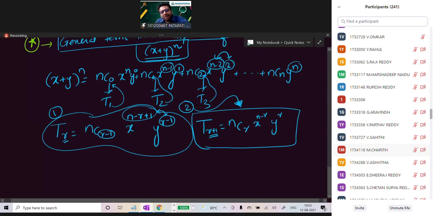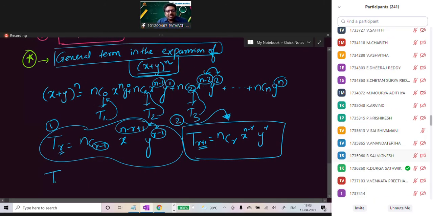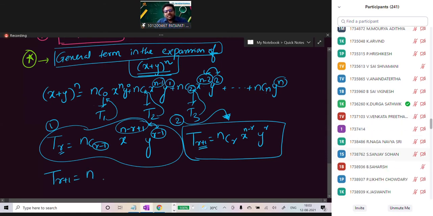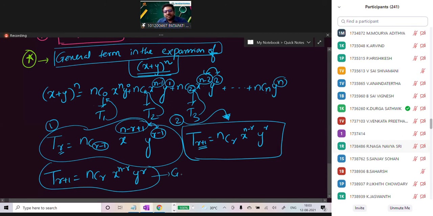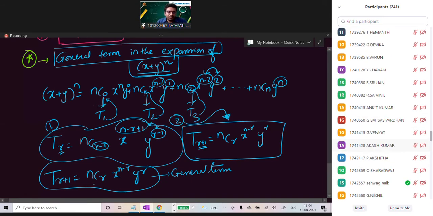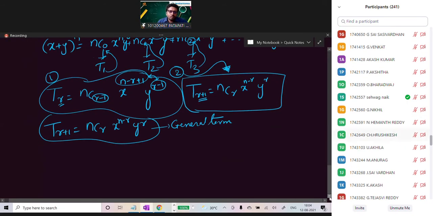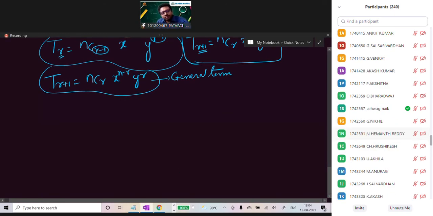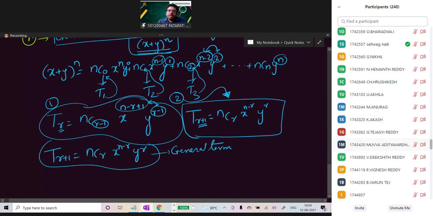So what is the formula for general term? The general term is given by TR plus 1 is equal to NCR x power n minus r y to the power r. This is the general term. Is it okay? Clear? R starts with which number? R starts with 0.